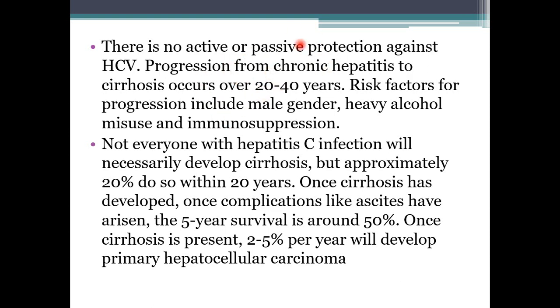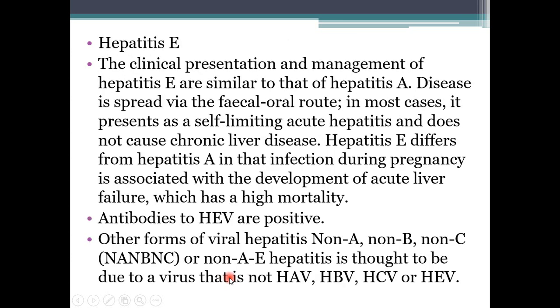Not everyone with hepatitis C infection will necessarily develop cirrhosis, but approximately 20% do so within 20 years. Once cirrhosis has developed, once complications like ascites have arisen, the 5-year survival is around 50%. Once cirrhosis is present, 2 to 5 percent per year will develop primary hepatocellular carcinoma.